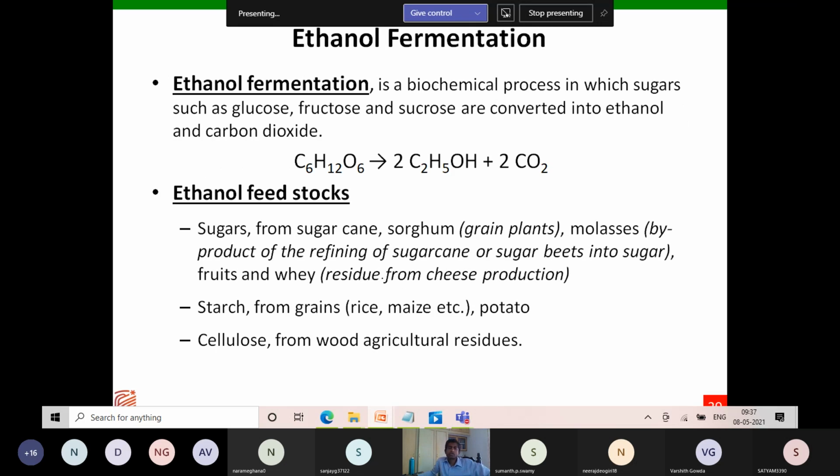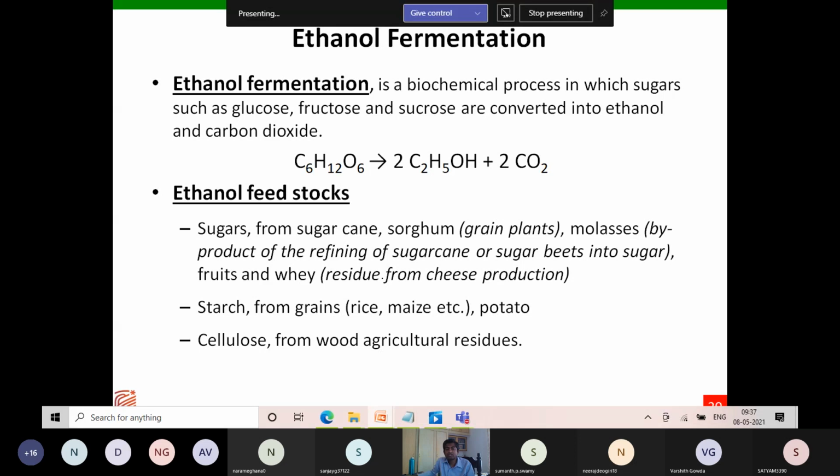So what is the feedstock? Feedstock means the raw material which makes up the ethanol. It is the sugars from sugarcane or the sorghum from grain plants, molasses, the byproduct of sugarcane refining, or the sugar beets, all used in the production of ethanol.